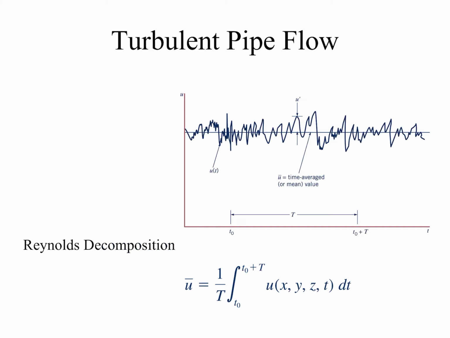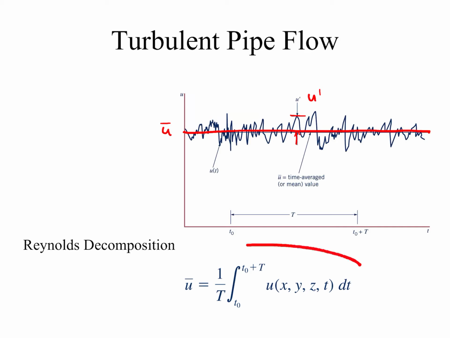So what we typically do is break up this velocity time trace into a mean, u bar, and then some fluctuation from the mean that we call u prime. To get this u bar, the mean, we average over time.